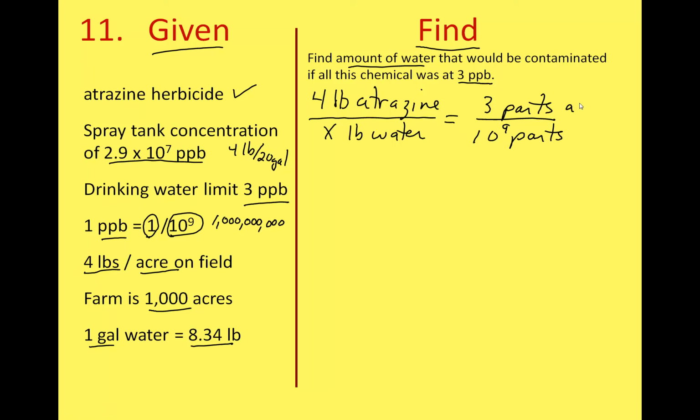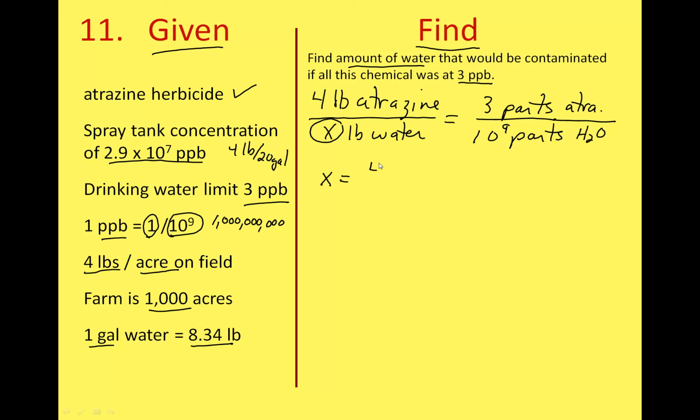So there's 3 parts of atrazine to 10 to the 9th parts of H2O, of water. So just extend this out. Now we need to solve for X in this ratio here, and then eventually turn that into gallons from pounds, because parts per billion is based on parts per parts, pounds per pounds. So let's go ahead and solve for X.